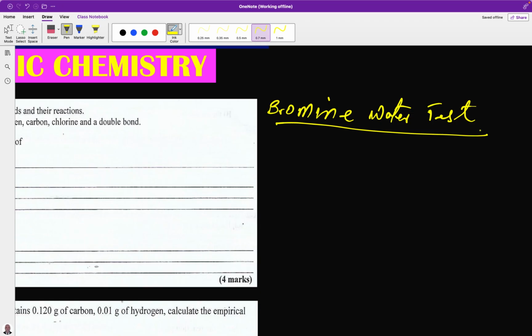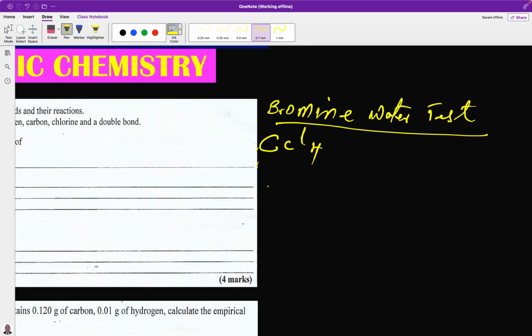Then you can now say add bromine water containing tetrachloromethane, which is CCl4, to an unsaturated compound.